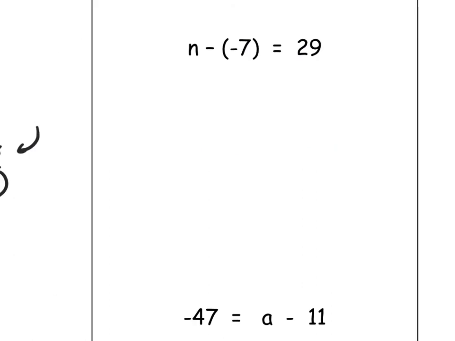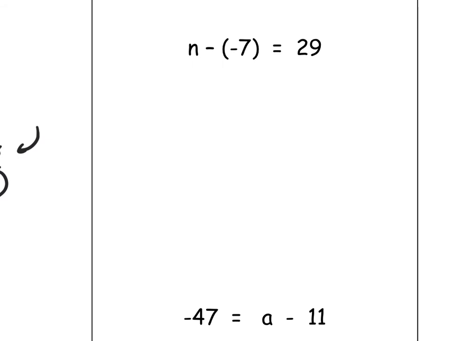Once again, I see double signs. What do you think might be helpful before we solve this? If you said rewrite the equation, I think that's your best option. In fact, you're always going to be encouraged when you see minus and negative to not keep it in this form.